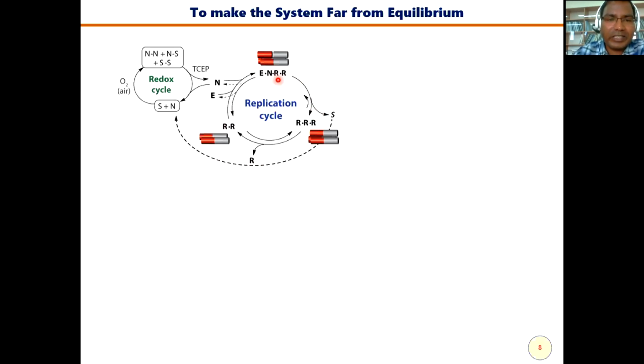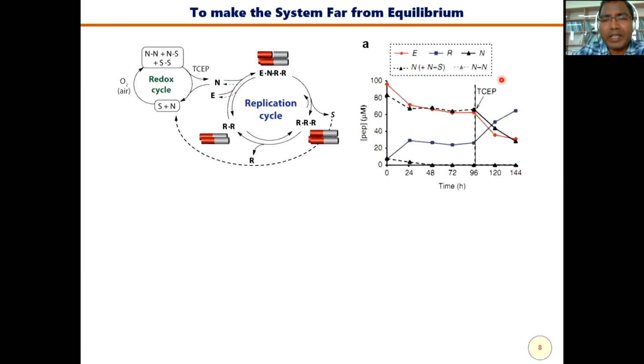To make the system far from equilibrium, you can see here that after one cycle of replication, a small molecule, thiol, forms and the present nucleophile oxidizes, giving an unreactive molecule which stops the replication cycle. To prove this, we did the experiment without TCEP, where you can see that after 24 hours the system reaches the resting state.